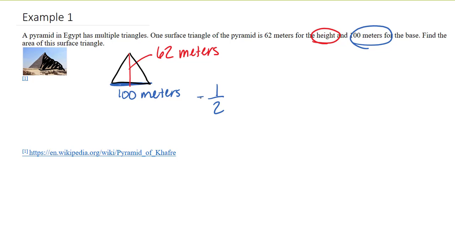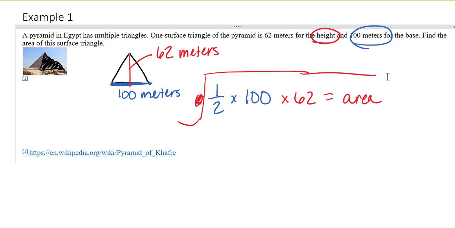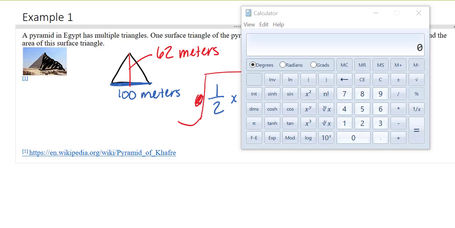Well, it's 1/2 times the base, so 100, times 62, which is our height, and that will give us the area. So how do we solve for this? Well, we can get our calculators out. So for the area, we can go 1 divided by 2, which gets us 0.5, which is just our fraction as a decimal, right?